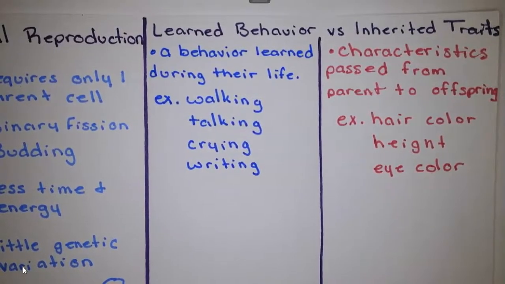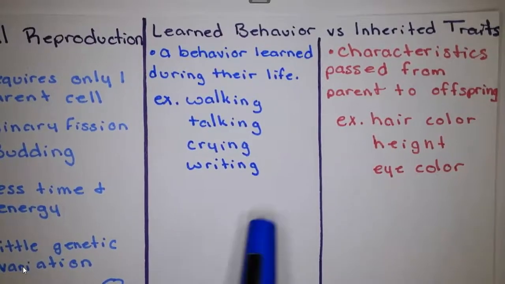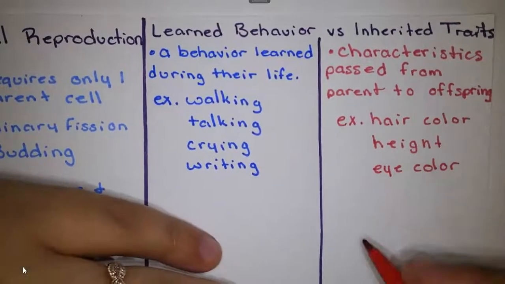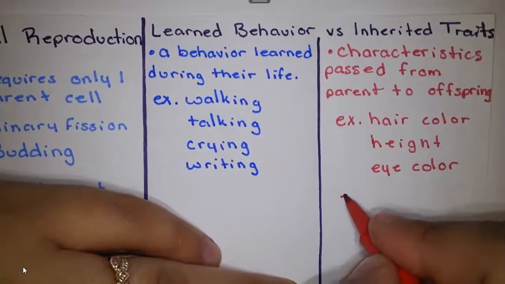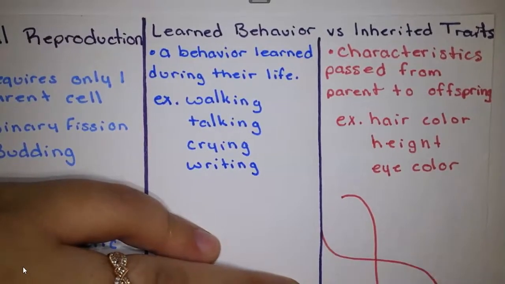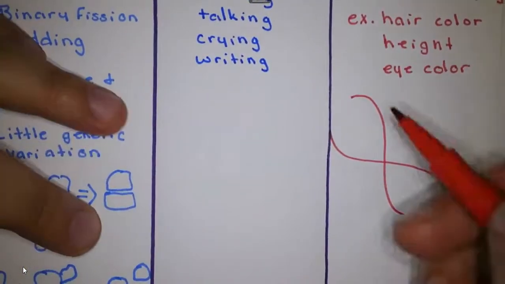Now, the last thing we covered last week was DNA. And remember that with learned behaviors, nothing's coming from your DNA, but with inherited traits, it is actually all found in that magical special DNA strand.